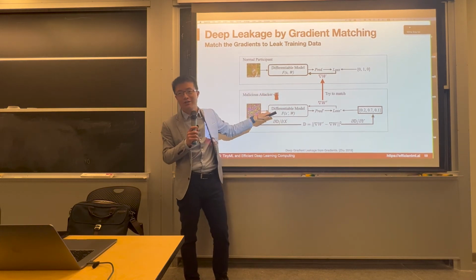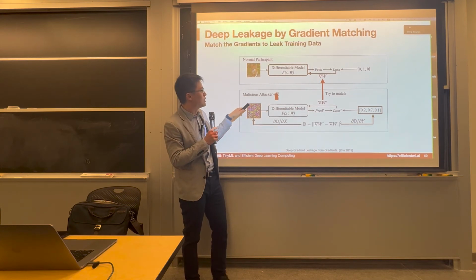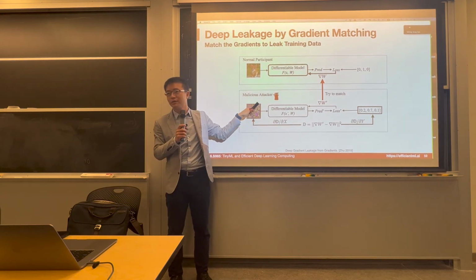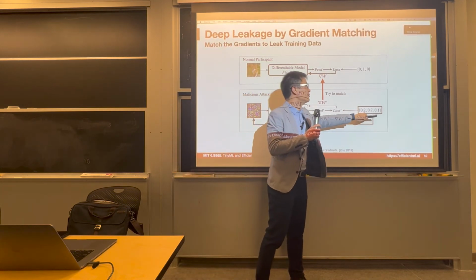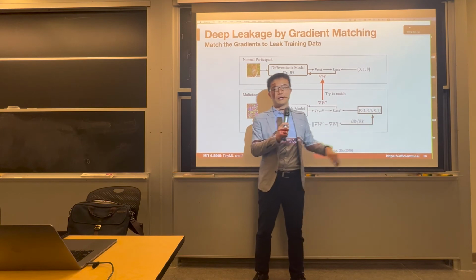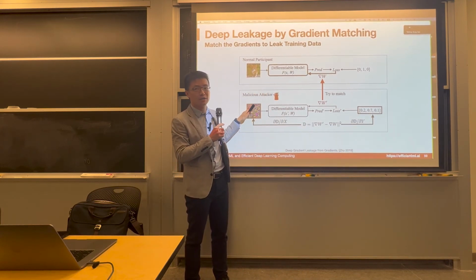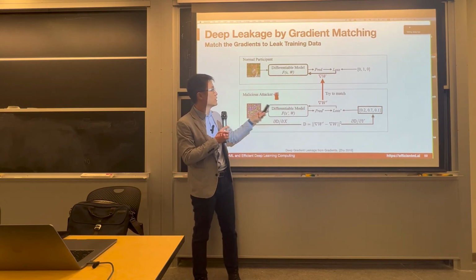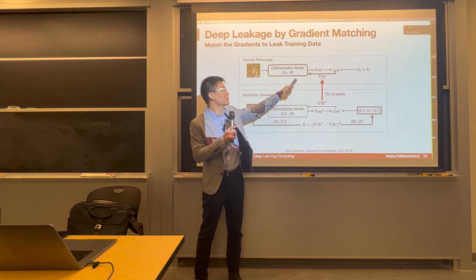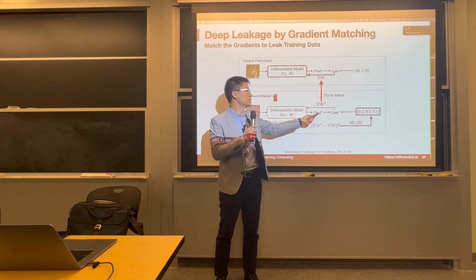And there's a malicious attacker, right? The attacker initializes a random input, and this is a random output, a random label. What it does is pass this input image into the same model, with the same W, and get a prediction.